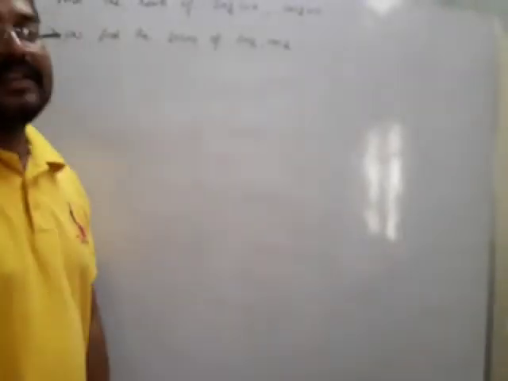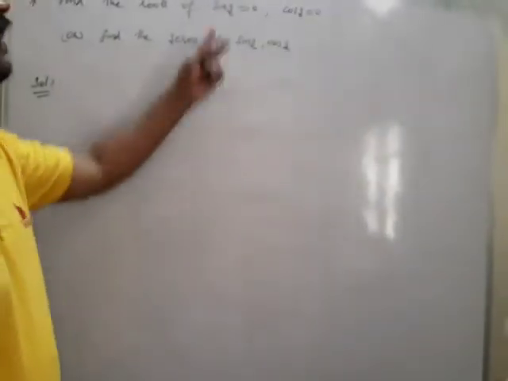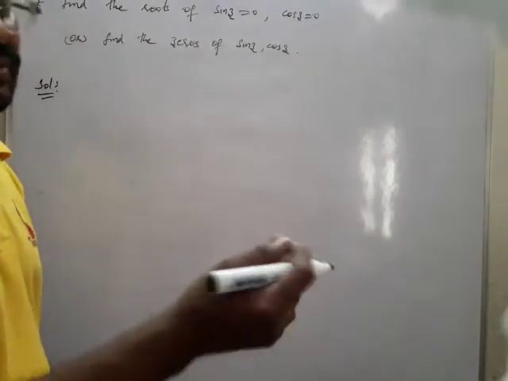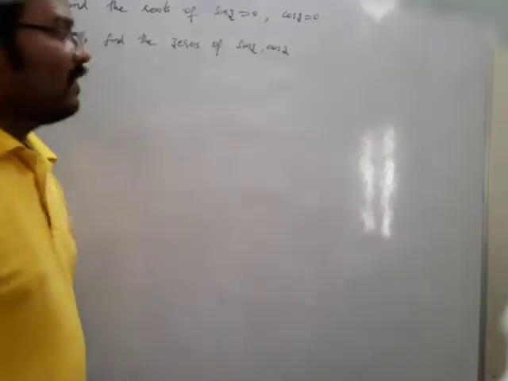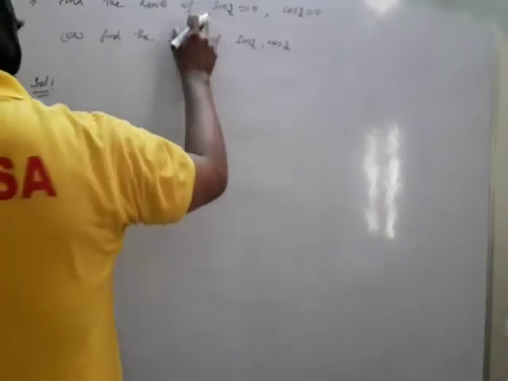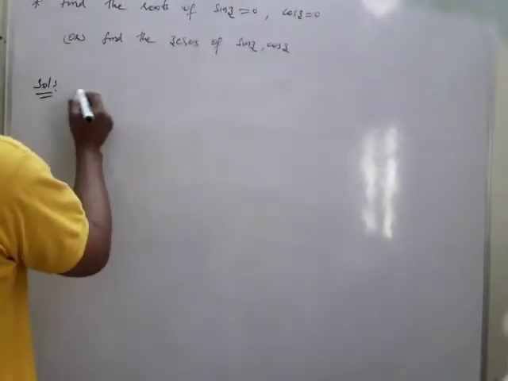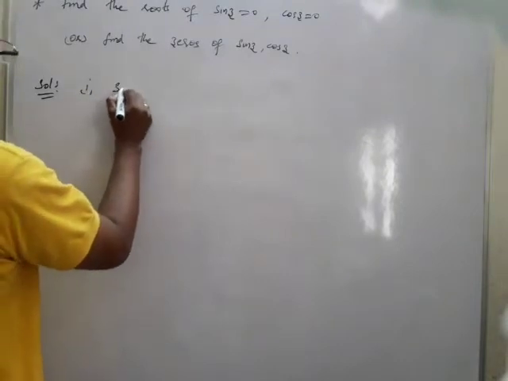How to do this problem? Zero means it should satisfy the given equation. Then we can say that the root you have to find is one that satisfies this. Now we'll find the first one. I'll take sine z.